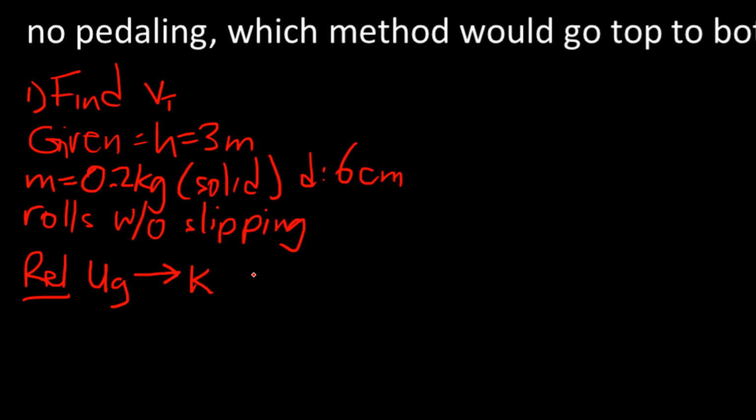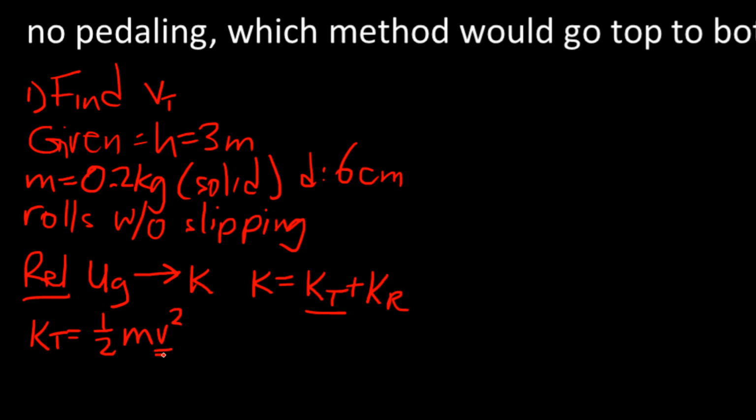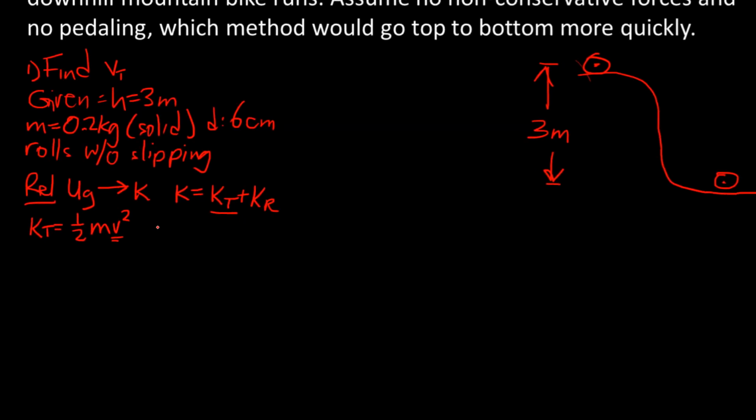Another relationship is that my total kinetic energy is made up of my translational kinetic energy plus my rotational kinetic energy. That's going to be important because I know that my translational kinetic energy is 1/2 mv squared, and I'm looking for that. Okay, that's good. I also have my rotational kinetic energy, which is 1/2 I omega squared.